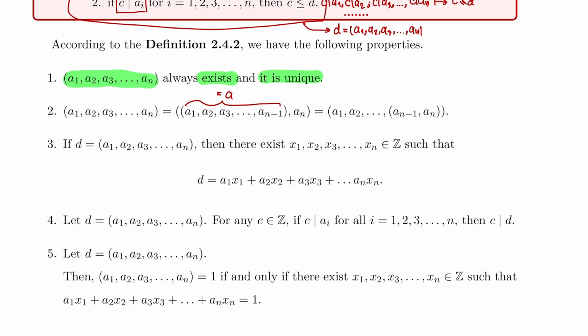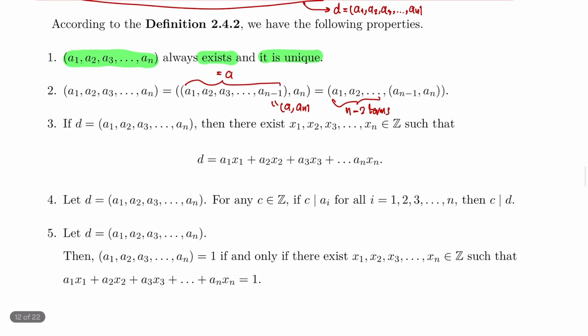Then you can calculate the greatest common divisor of a and the last number. Or you might find the greatest common divisor of the last two numbers first, and then find the greatest common divisor of this one and the rest of the numbers. So the rest of the numbers will be n minus 2 terms. Okay, that's the second property.